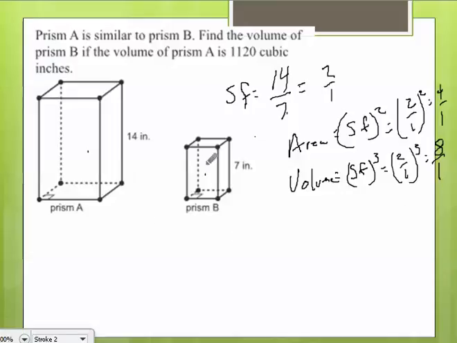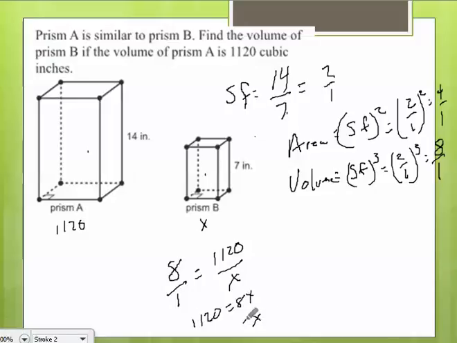So in this particular problem, they're giving us the volume. They're saying that this one is 1120, and they want to know what this one is over here. Well, that's volume, so I'm going to use 8 over 1 is equal to 1120 over x. Well, that's 1120 equals 8x.